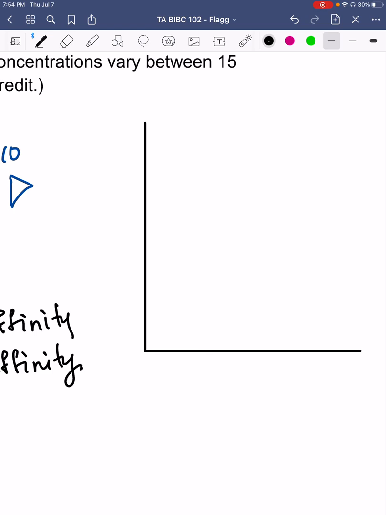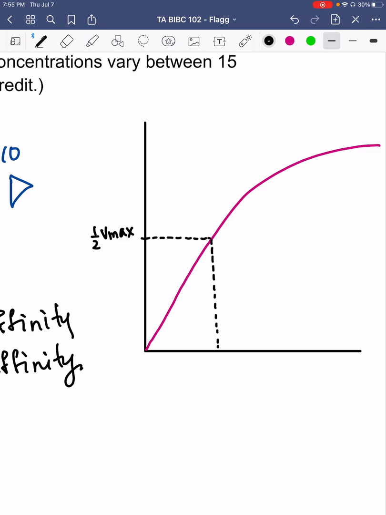Okay, so first we have one that has a Km of 25. So if this is 1/2 Vmax, we try to find its Km. We said one of them is 25.